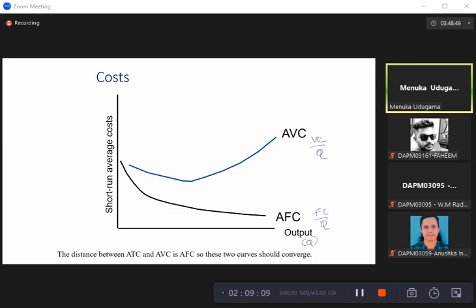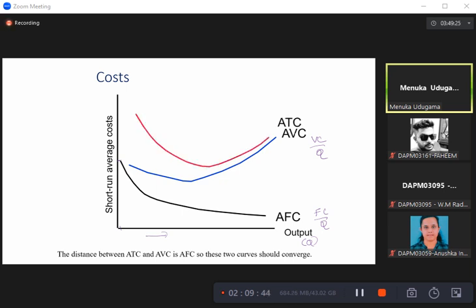Now average fixed cost gradually decreases, right? At zero output there's no cost. At 1, there's a higher cost, and then gradually as you increase the output from 0, the fixed cost decreases. The average variable cost comes to a minimum and then it starts increasing.